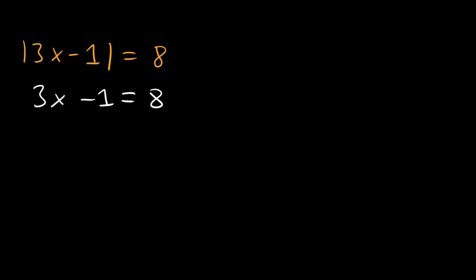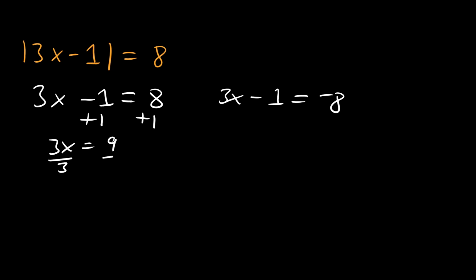Alright, here's another example. The absolute value of 3x minus 1 equals 8. So we can try to find the absolute values. 3x minus 1 equals 8, and 3x minus 1 equals negative 8. So let's add 1 here. 3x equals 9. Let's divide by 3, and x will be equal to 3.